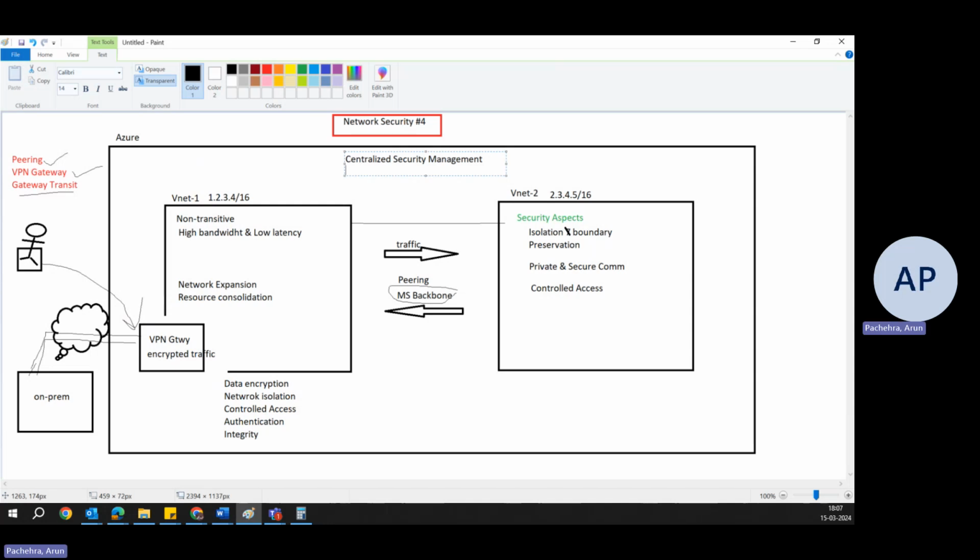First point. Second, if there is only one entry, that means it will reduce the complexity. There are not many, multiple resources that you need to manage, and it will enhance the control then, right? Nothing big. So eliminating the need for multiple gateways simplifies the network topology. Just get this point. Reducing potential points of failure.